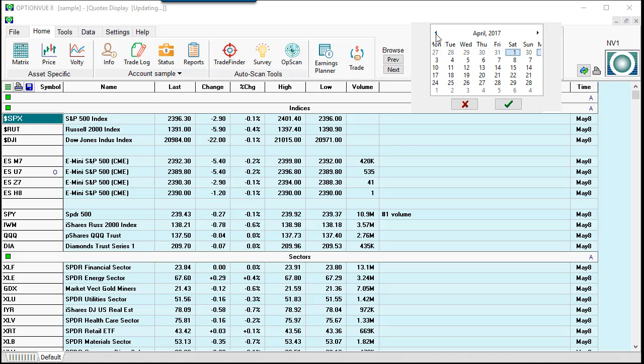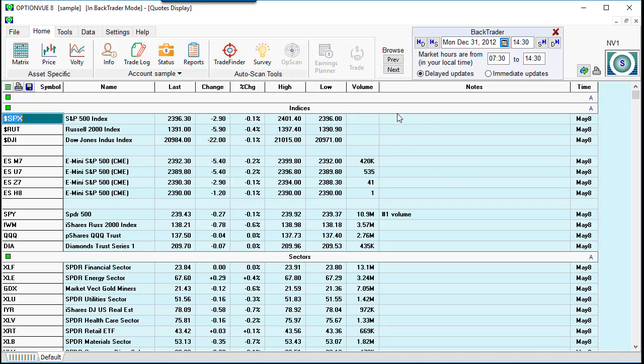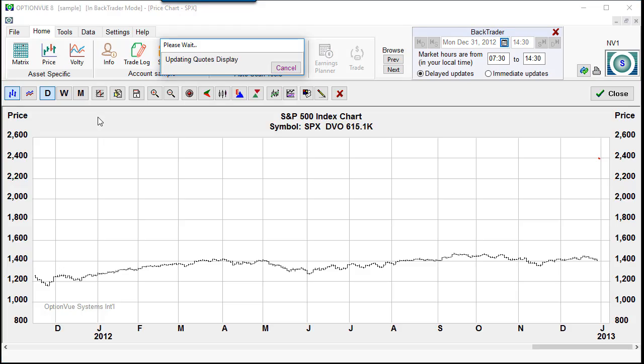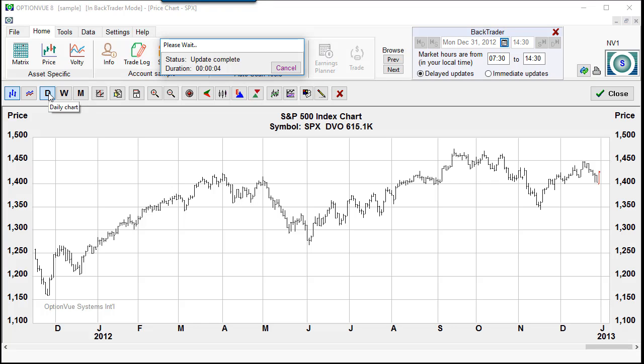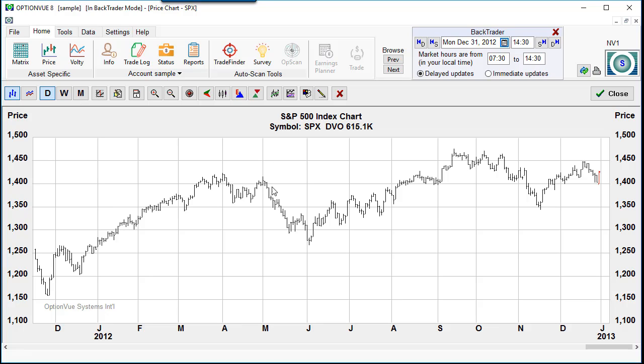So I think first, right off the bat, let's go back to 2012. If we go back to 2012, we go to the end of the year, and let's just say this is what we're looking at. This is the market that you are looking at.